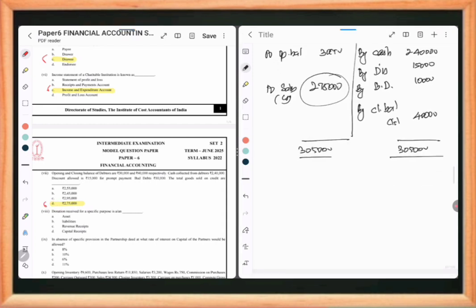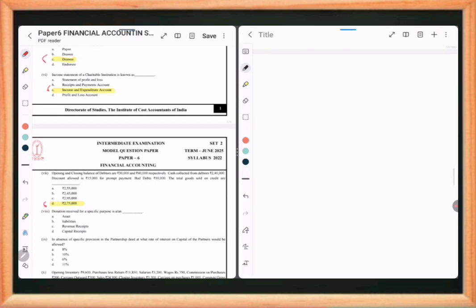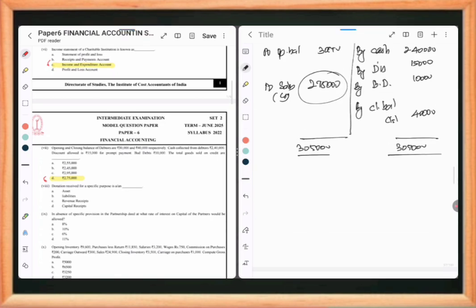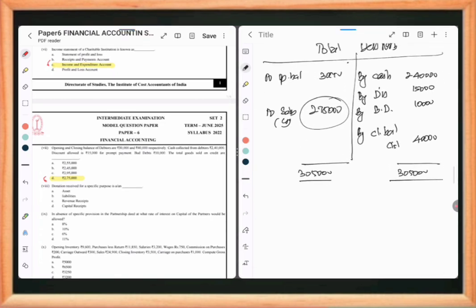And then, donation received for a specific purpose. Actually there are two types of donation: revenue nature and capital nature. If it is of capital nature, it is a capital receipt.